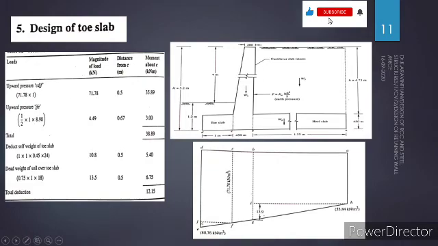And for this triangle, the total length is 80.76 minus 71.78, and you will get the remaining distance. So this distance will be 8.98, and the width is 1. The formula for finding area is half BH, half into 8.98 into 1. Hence you will be getting 4.49.